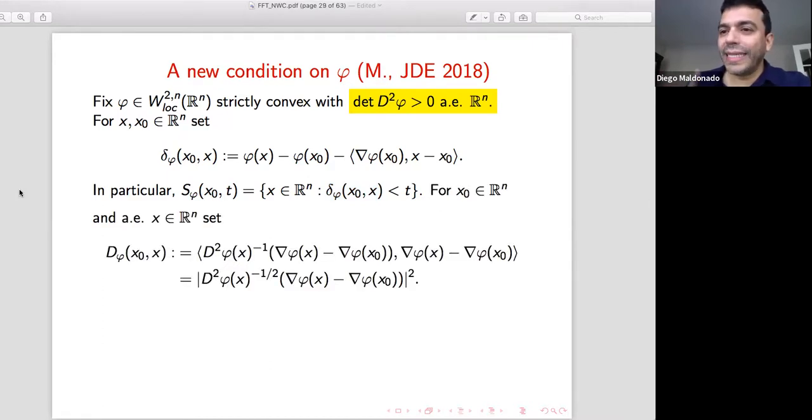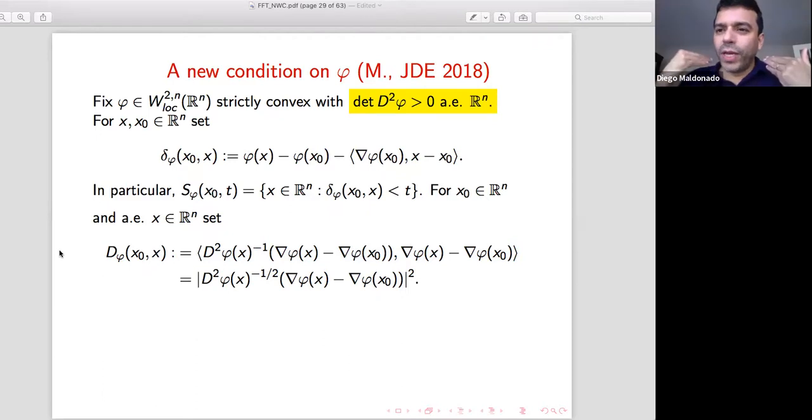Now let's introduce the d. The d is this long thing. It's a Hessian inverse times grad phi at x, grad phi at x0. So these Japanese brackets, these are just the dot product, the inner product.